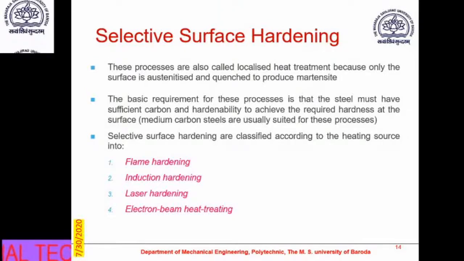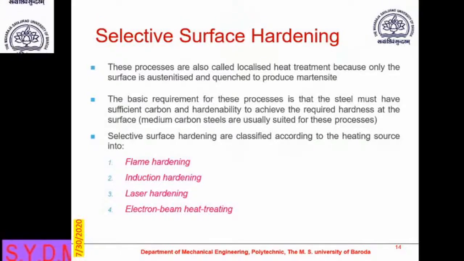Oxyacetylene gas or oxymethane gas flame is used for heating the localized surface, and this surface is then quenched immediately after pouring water or brine or using cold gas. Okay, so this is the basic methodology.